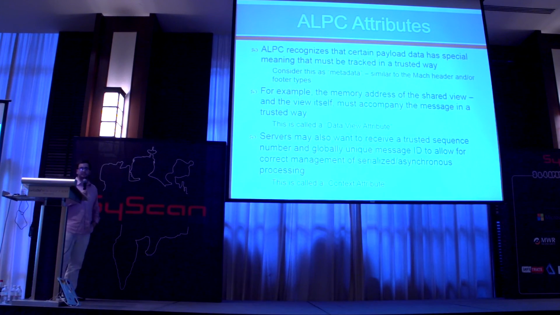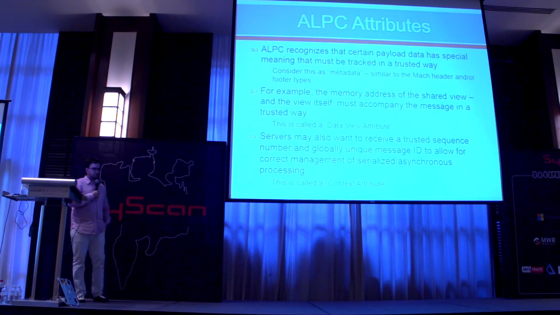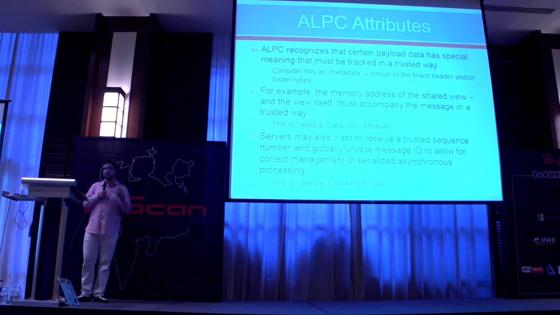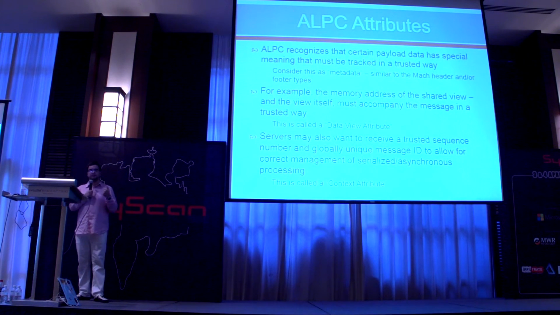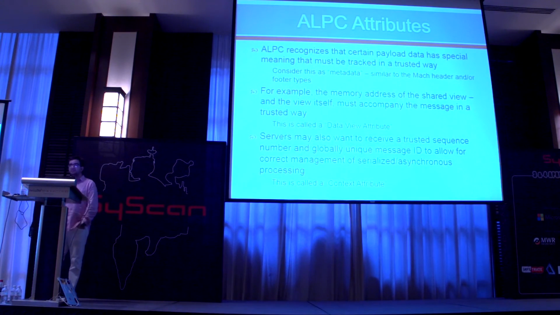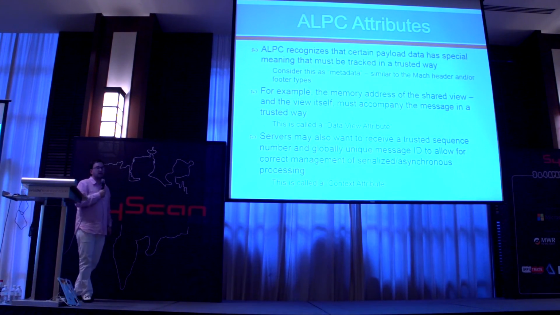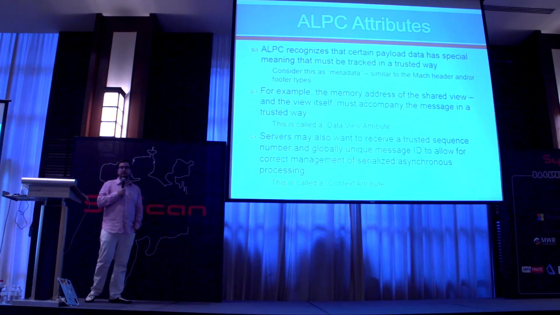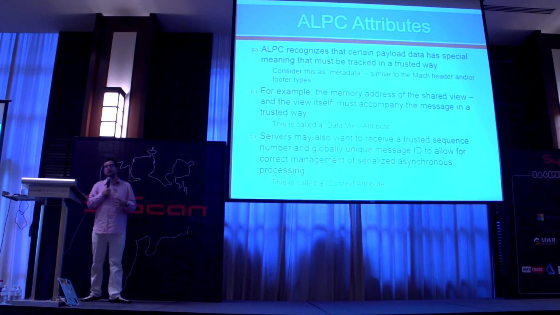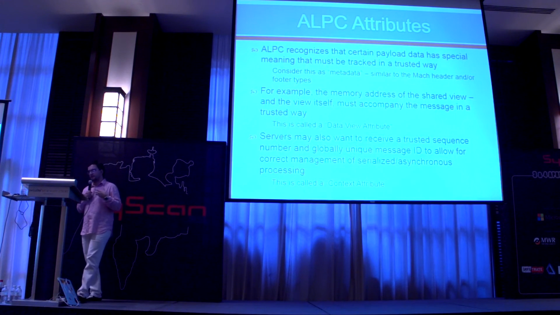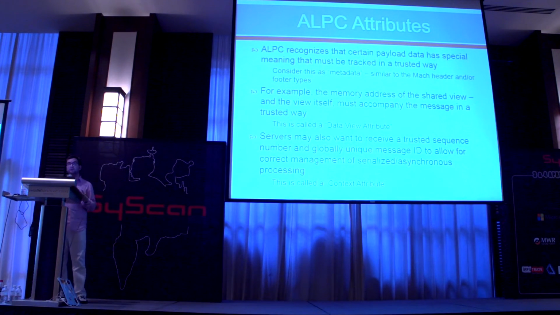And so in the LPC system, if you wanted to share data that had some sort of trust level associated with it, that had some sort of requirement around its reference counting, LPC did none of that for you. So if you passed the pointer with LPC, you had to hope the pointer would still be valid. If you passed the handle with LPC, you had to hope the handle was still valid. With ALPC, there's ways to actually track these pointers or these handles or these other trusted resources.